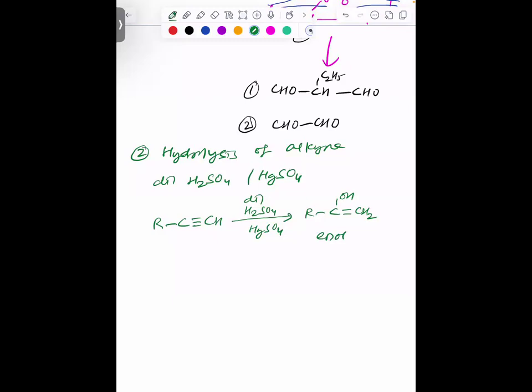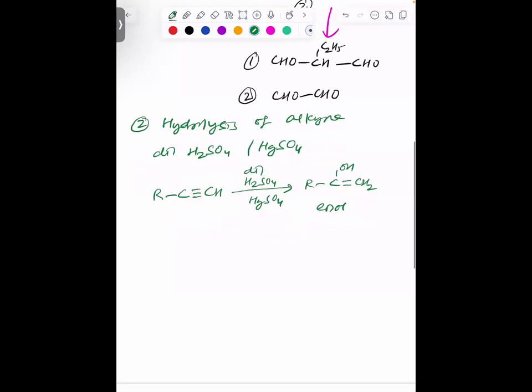So once the Markovnikov rule is followed, enol is formed. Once enol is formed, we know enol and ketone are both tautomers. In the tautomerism between keto and enol, which is more stable, keto form or enol form? In general keto form is more stable.